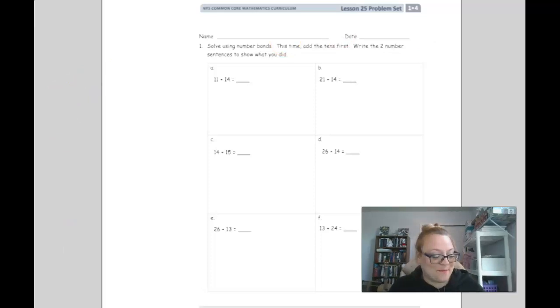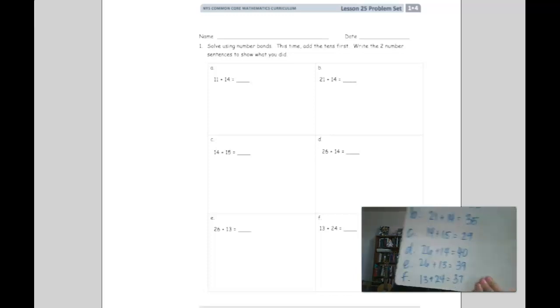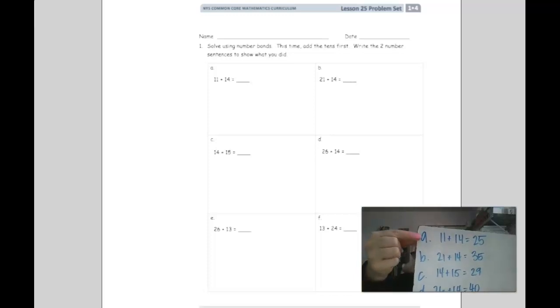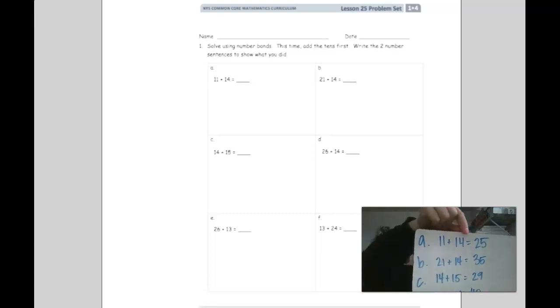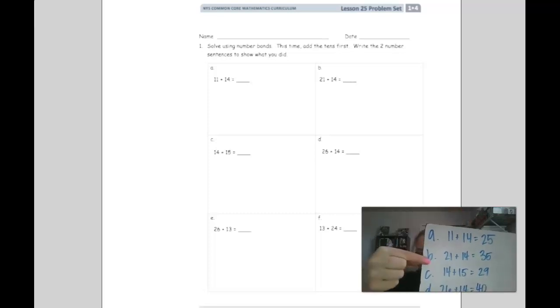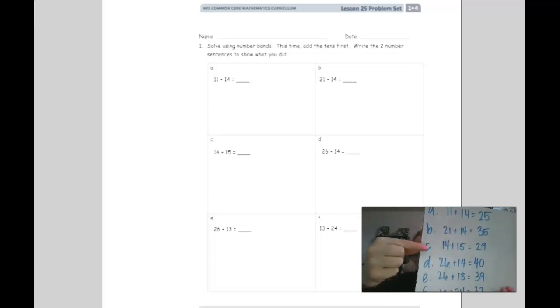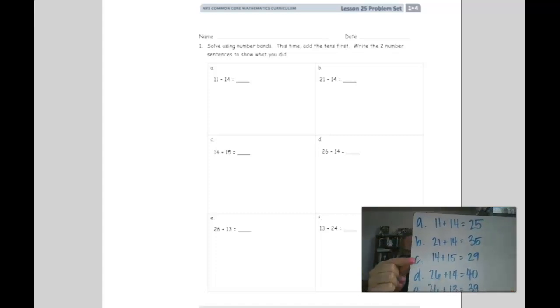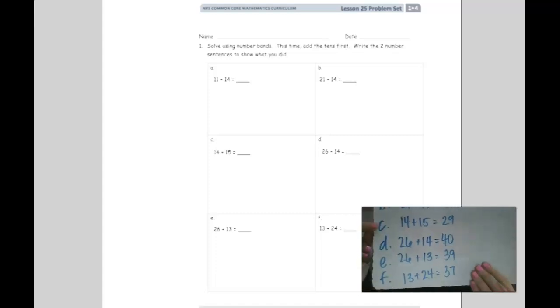All right, friends, I'm back so we can check your work. So here we go. For A, we have 11 plus 14 equals 25. B, 21 plus 14 equals 35. C, 14 plus 15 equals 29.